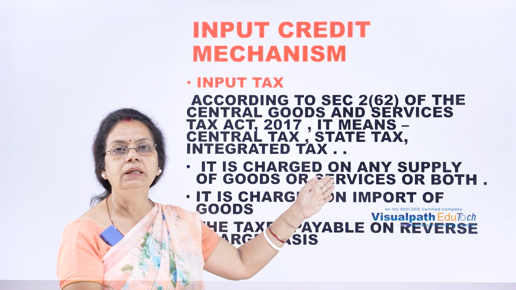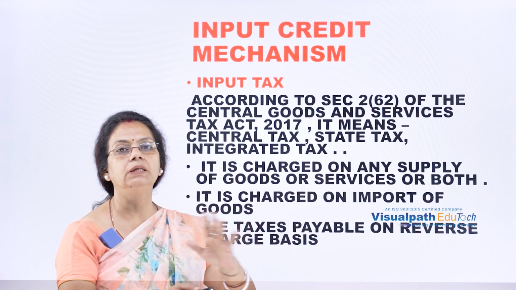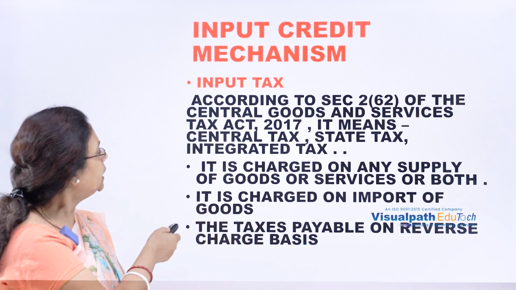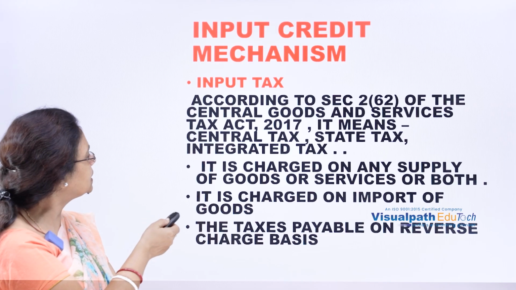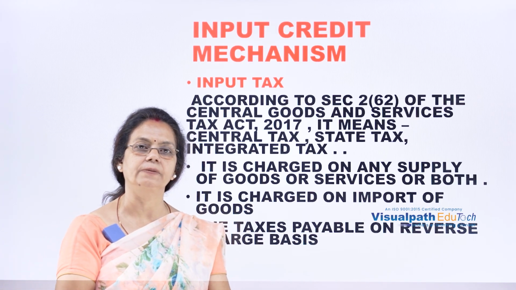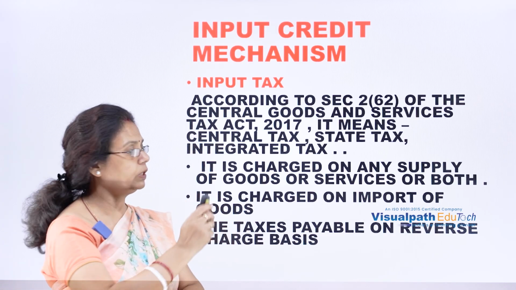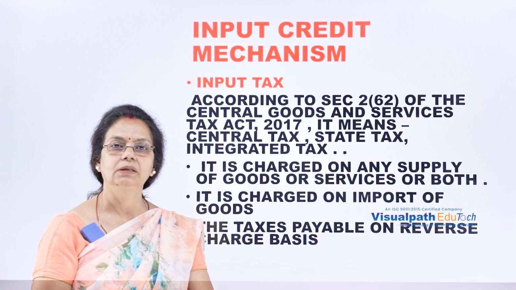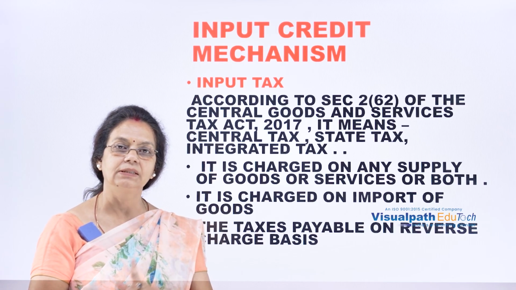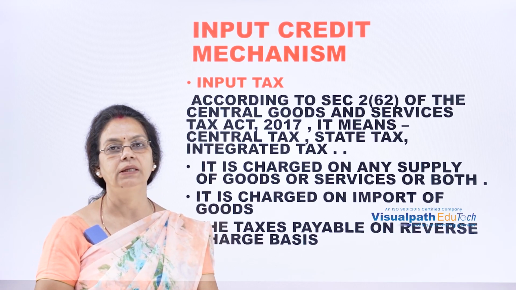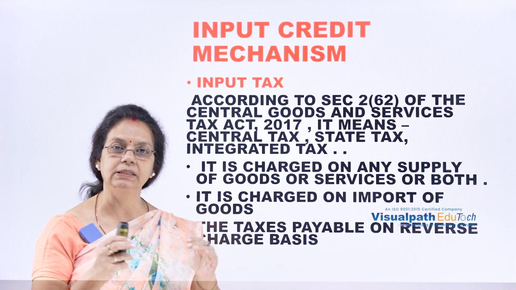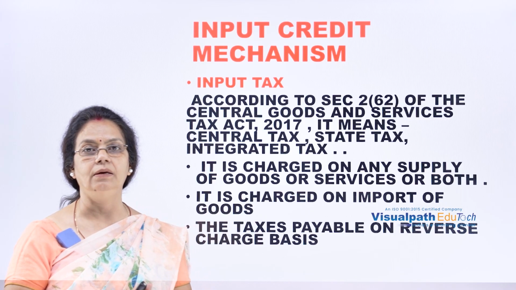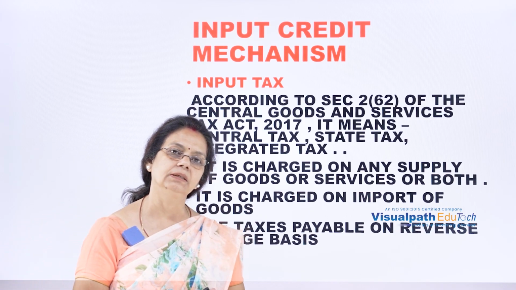This is nothing but state tax or integrated tax. It means central tax, state tax, and integrated tax. So this input tax is nothing but central tax, state tax, as well as integrated tax, that is both the taxes together, central and state.